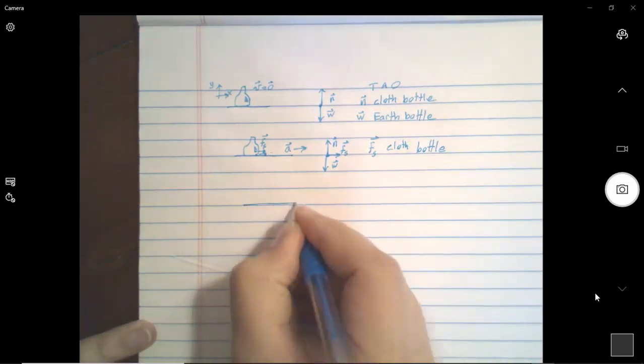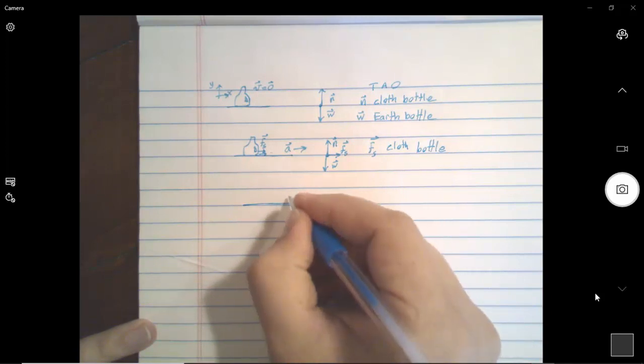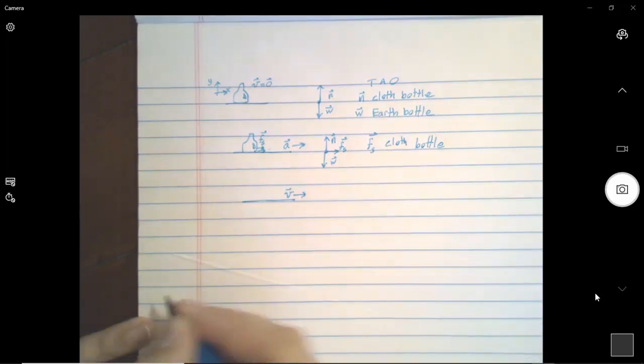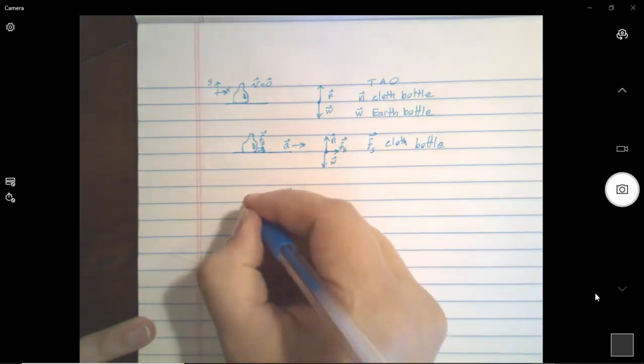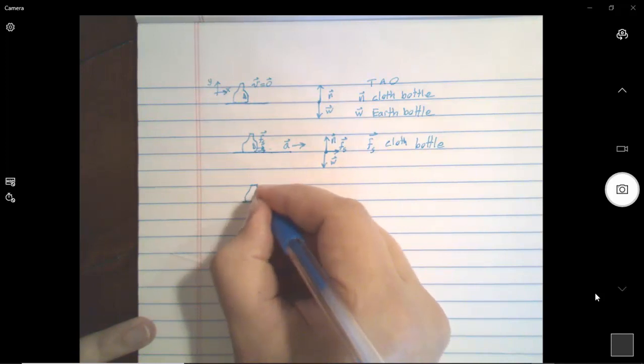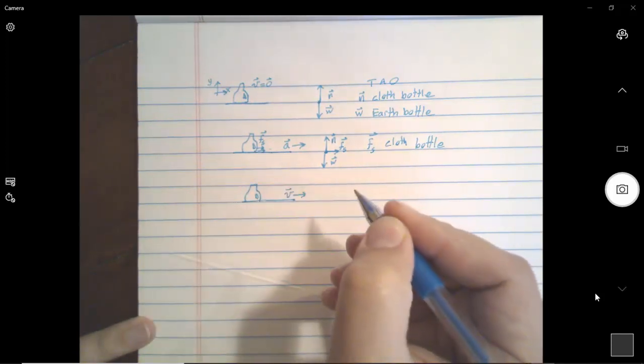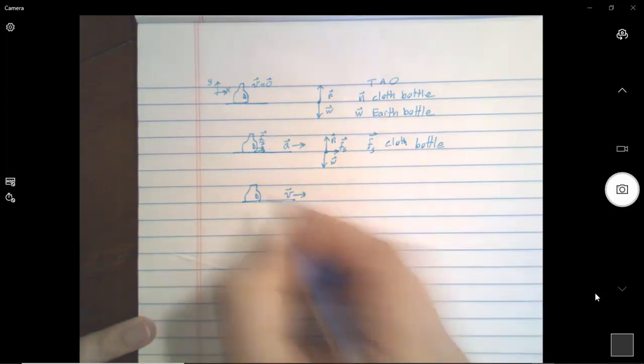In the next stage of motion, we have cruising. I'm just dragging the cloth and the bottle at a constant speed. Well, what does Newton's first law say?